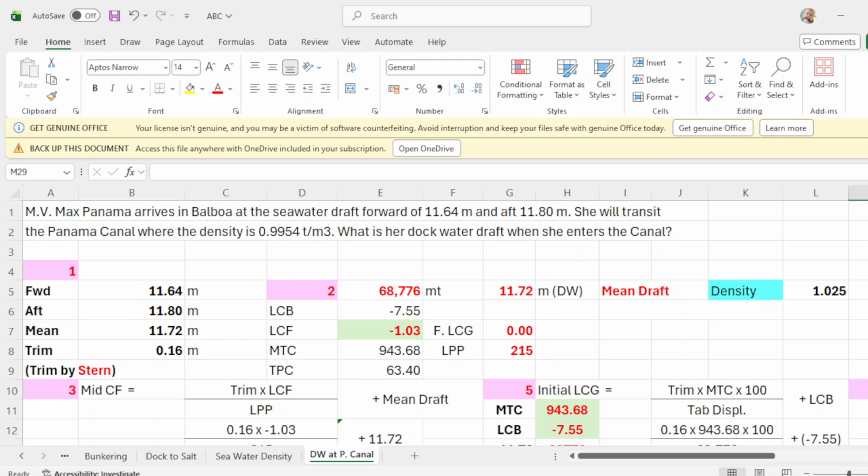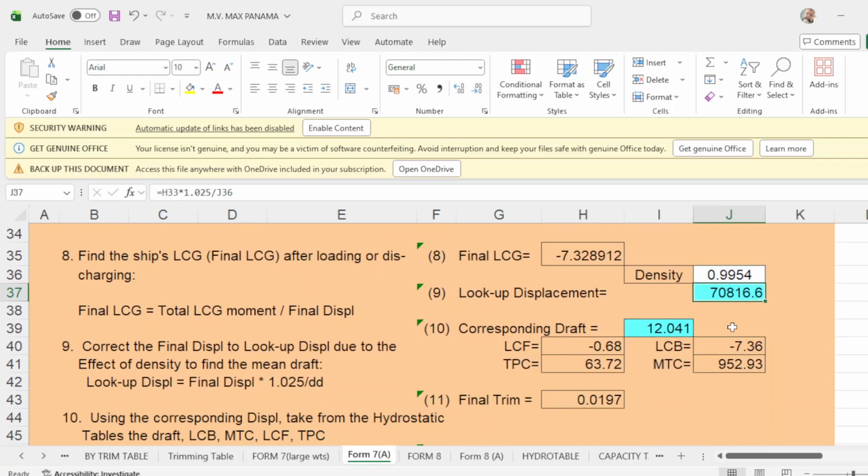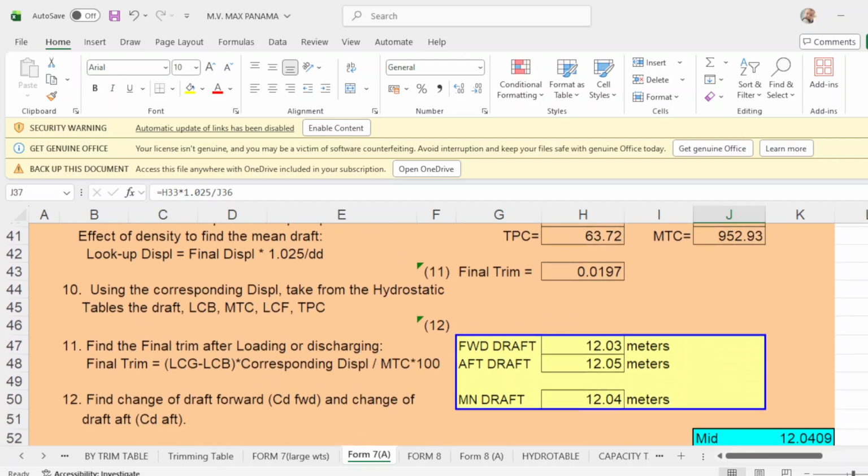So, what you do, put the local density here because you are entering the Panama Canal, 0.9954, and automatically it will give you the draft and the mean draft of 12.04, and the final figure prior to arrival in the Panama Canal, your forward draft should be 12.03.